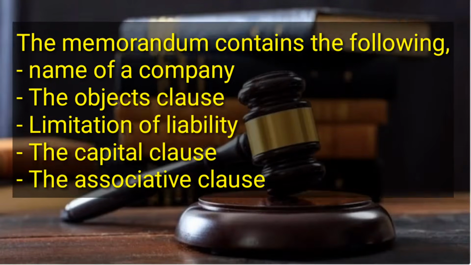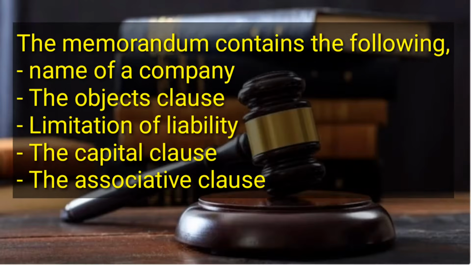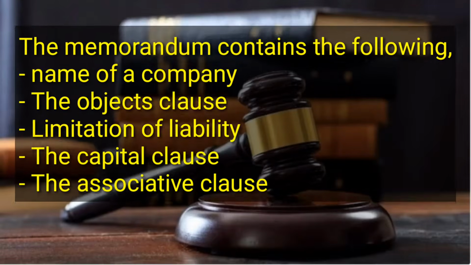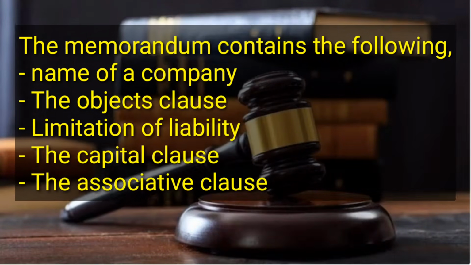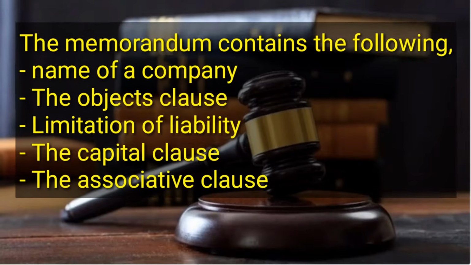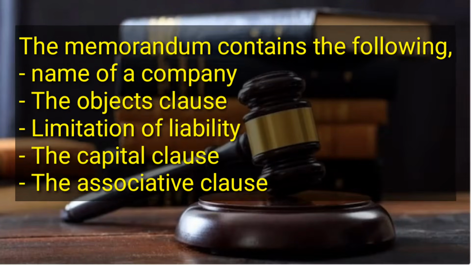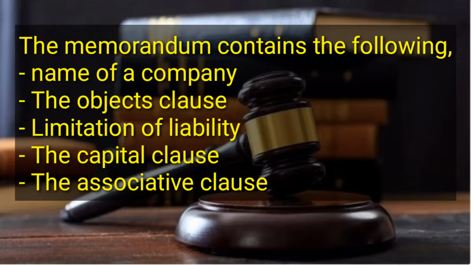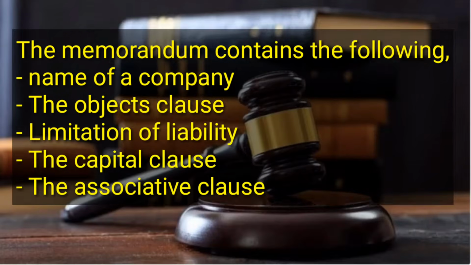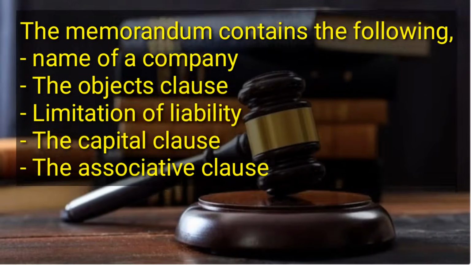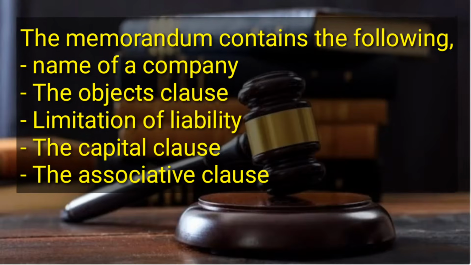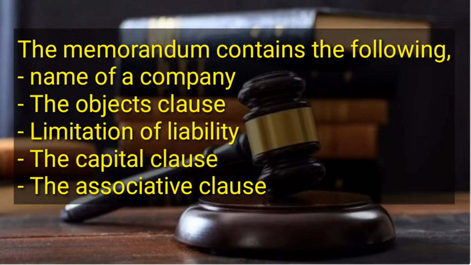Any company that is limited by shares must state its nominal capital and the value of each of the shares into which the share capital is to be divided. But if the company is limited by guarantee, the memorandum should state the amount that each member undertakes to contribute to the assets of the company in the event of winding up.